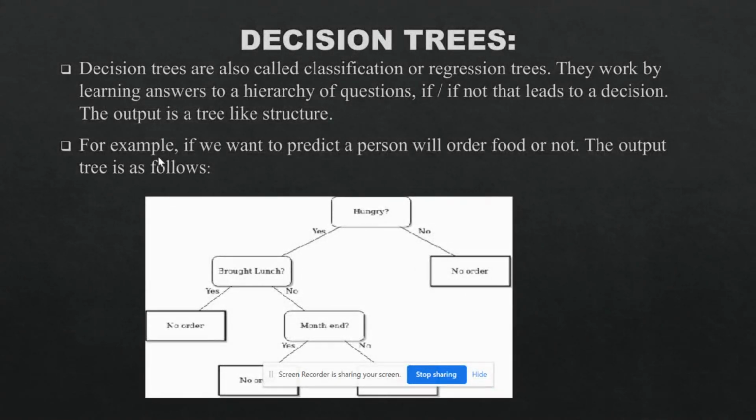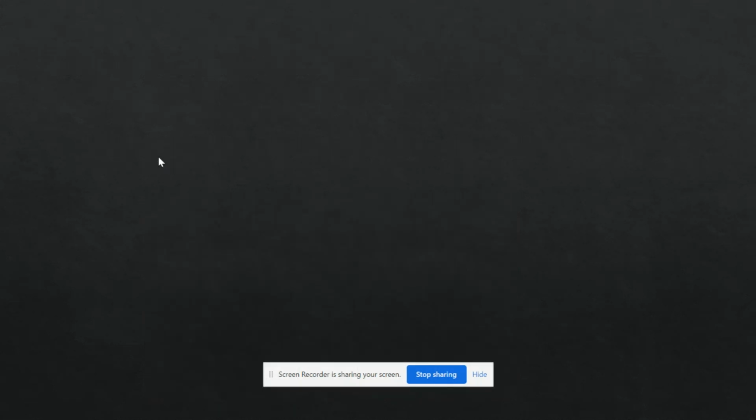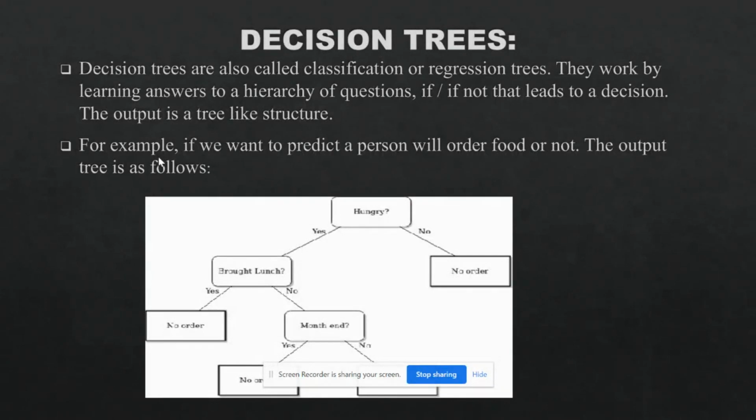If he's hungry, again we have two situations. He's going to directly order the food, or he might think about the money, like if it's month end, or whether he has enough money in his bank account.